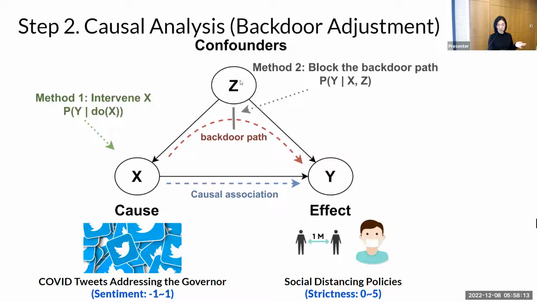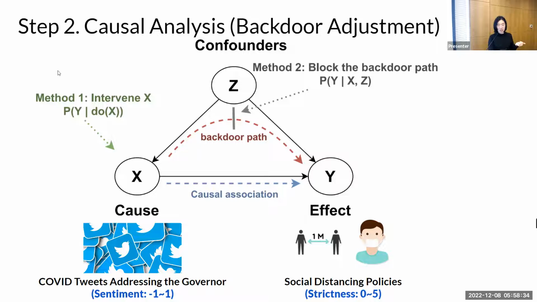It causes the sentiment and causes the policies. The effect we want is, given the case numbers, can we see the direct effect of maybe angry sentiments on Twitter on the social distancing policy changes?